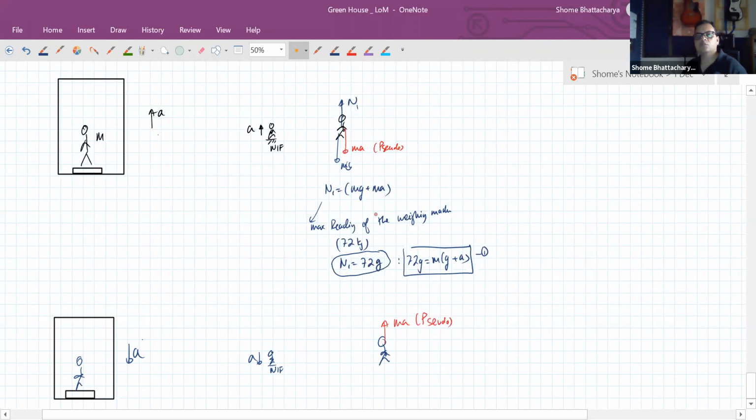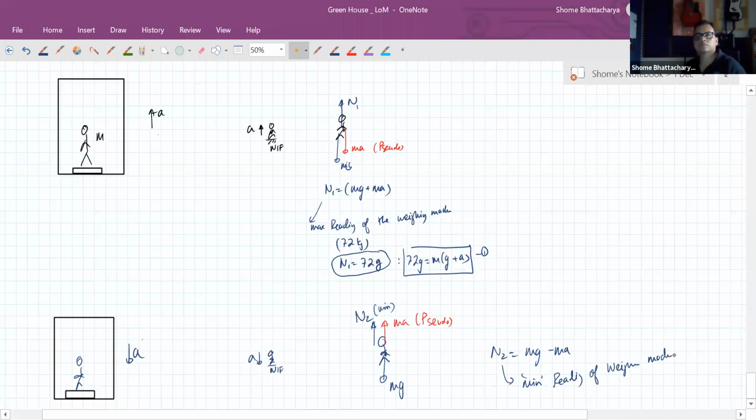So this time the normal reaction that the weighing scale reads, N2, will be the minimum normal reaction, or this will give you the minimum reading. So N2 here will become mg minus ma, and this will correspond to the minimum reading of the weighing machine, which is whatever, 60 kgs.